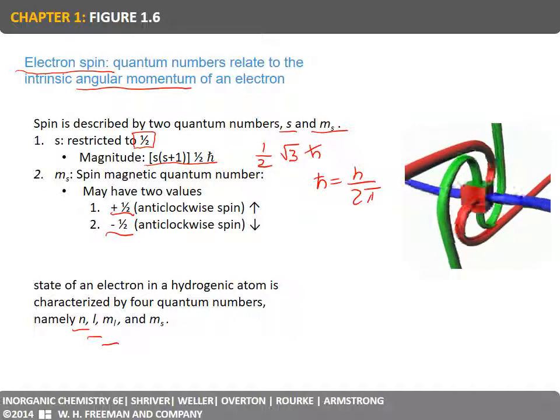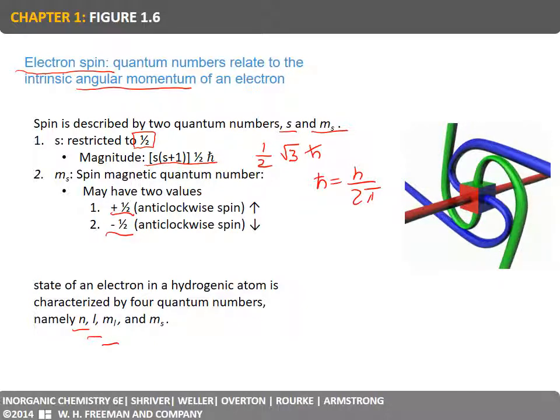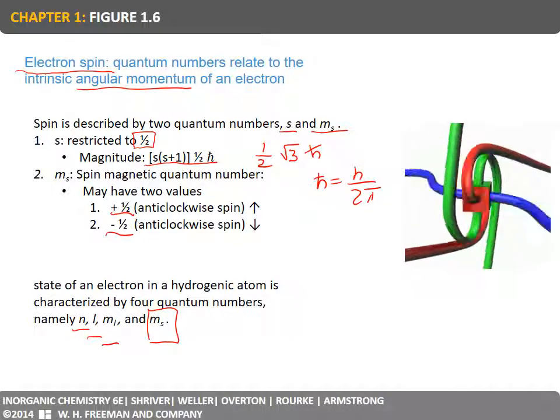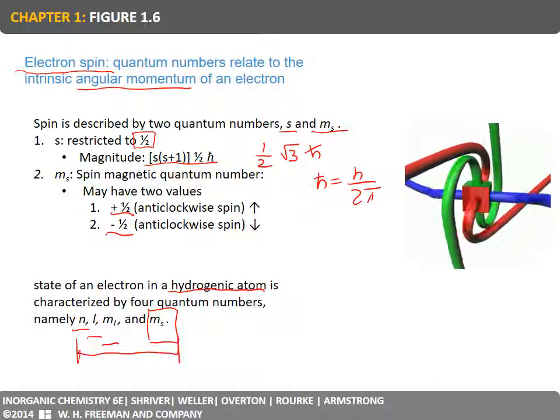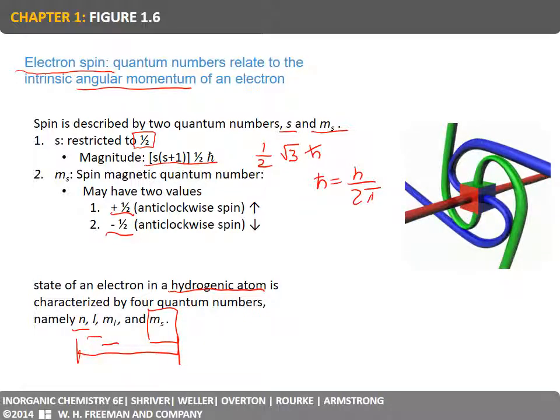If you do not remember, please go back and revisit. And we also need the ms. So for our model atom, which is hydrogenic atoms, these 4 parameters are what we need to describe the state of the atom.